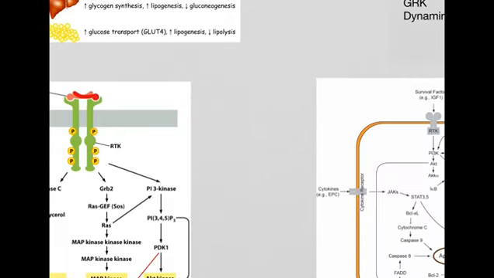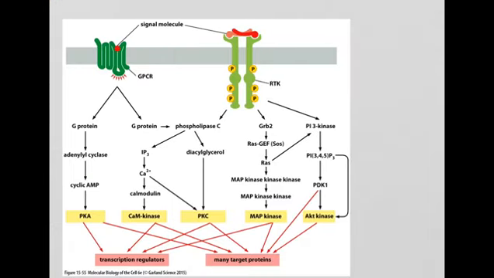I wanted to leave things with a specific description of crosstalk, because you have a figure in your text, 15.55, that covers that fairly nicely. We talked about all these pathways now, and you can see how they stem from activated receptors of the different types.